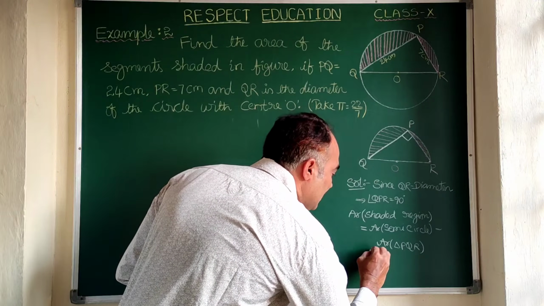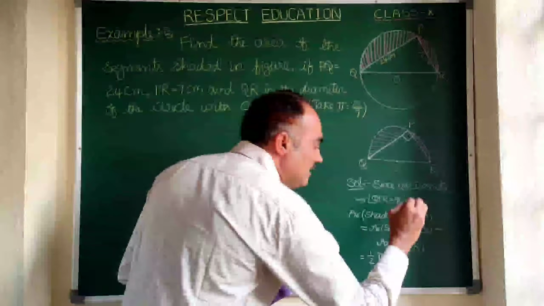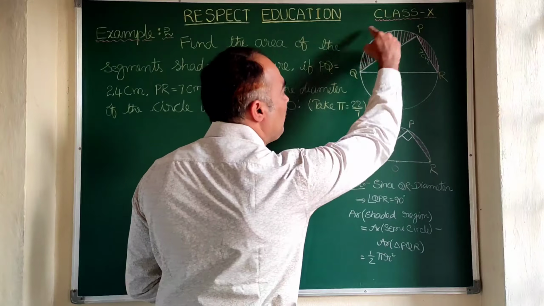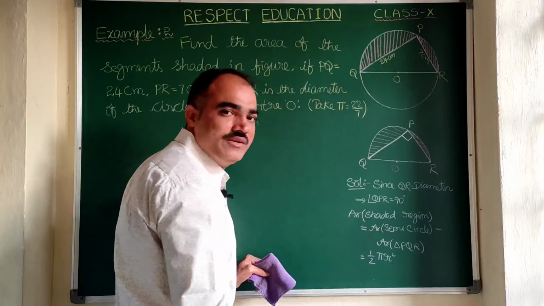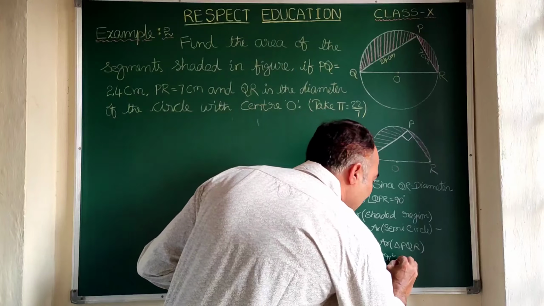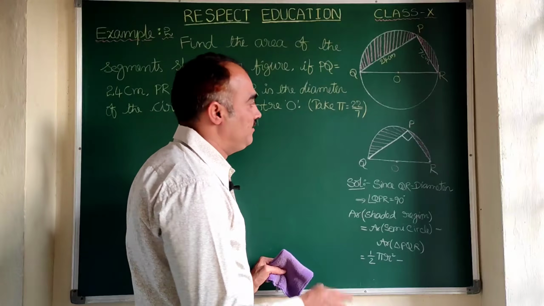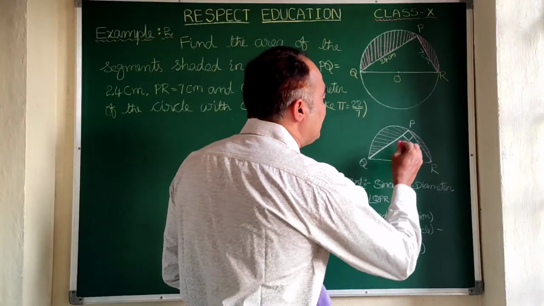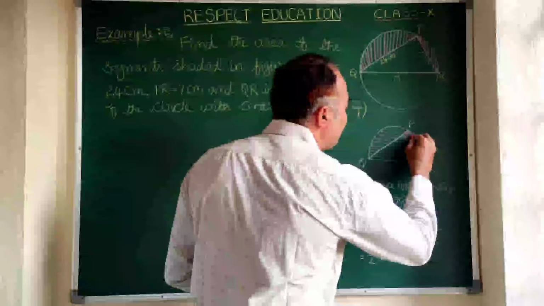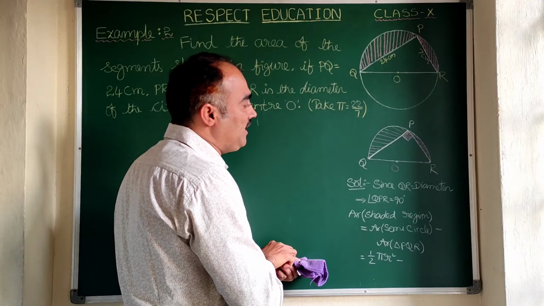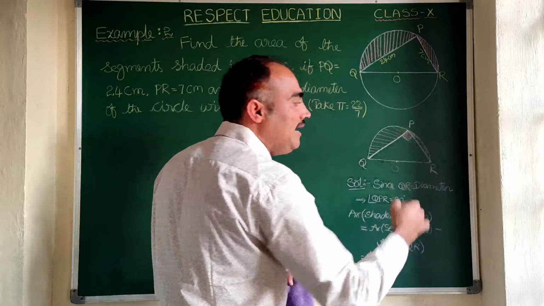Area of a semicircle is 1/2 pi r square. Area of a circle is pi r square, so the area of a semicircle is half of pi r square, minus the area of the triangle, which is half into base into height. Here you observe carefully, the triangle is right angled at P. So if we take PQ as base, PR will be the height.